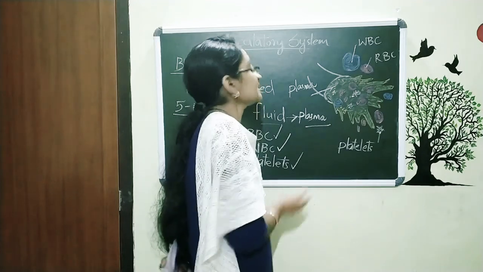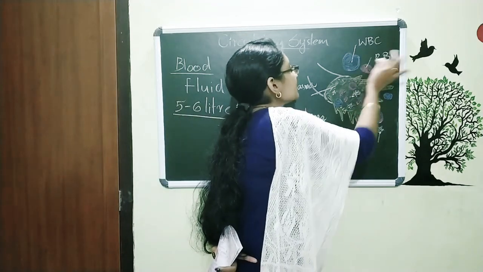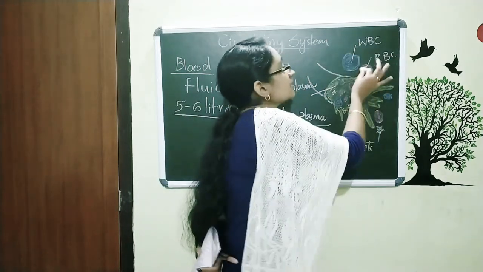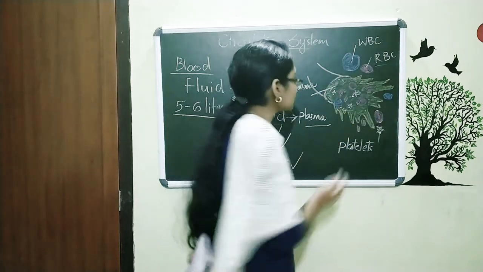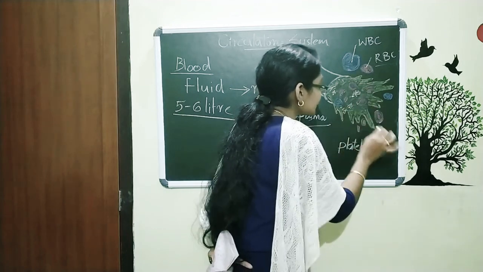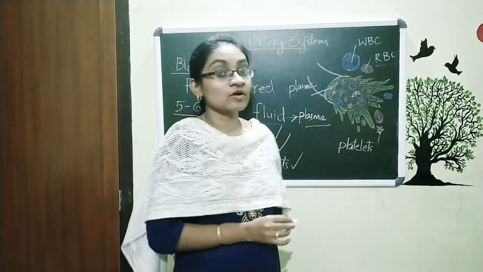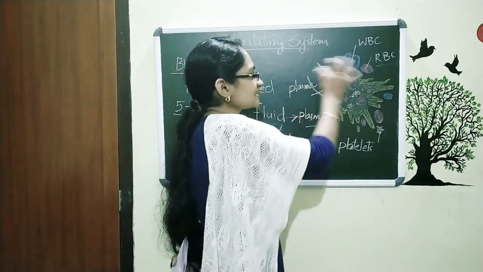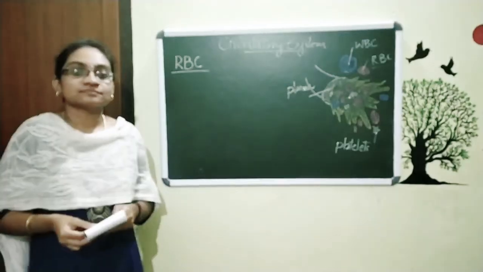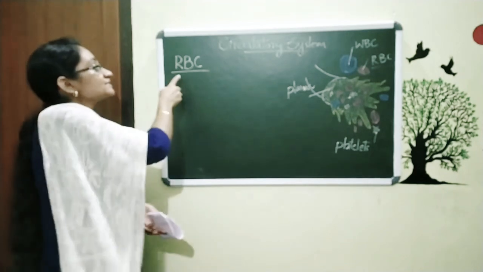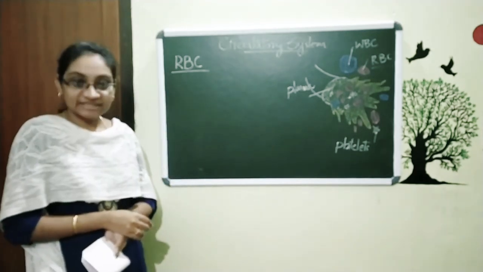We can also see RBC, the red colored ones. You can also see certain white colored things, called platelets. This is just a demonstration of these cells.